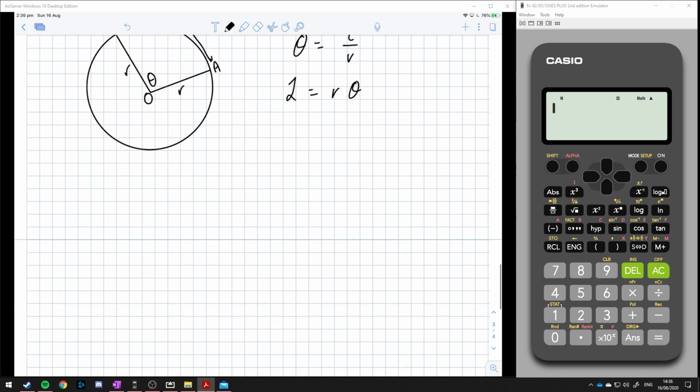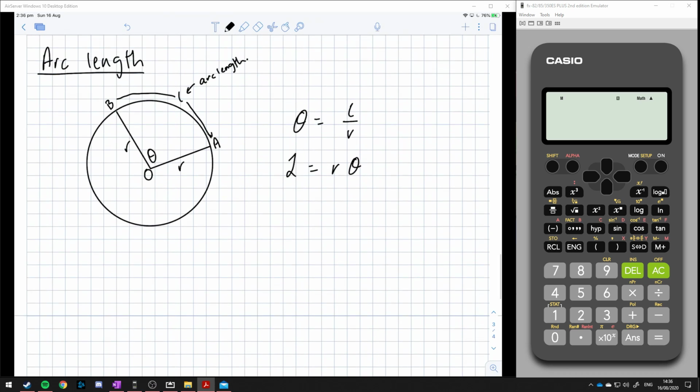Now, we were also going to talk about the area of that sector. So let's say we have the same sector again. It's a little bit different for the sector. The area of the sector is theta on 2 pi, because it's essentially saying what fraction of the full circle, so our full circle is 360 degrees, or 2 pi in radians, times the area of the circle.